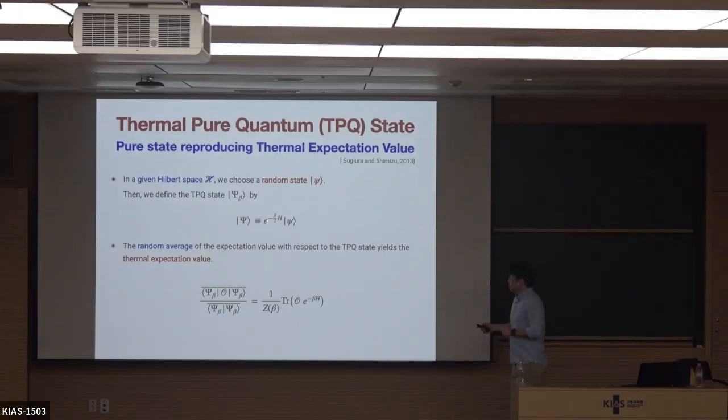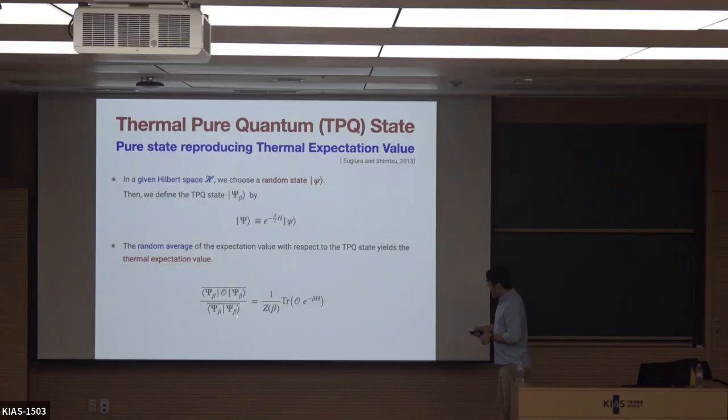And then you act with the Boltzmann factor, and they define what they call the thermal pure quantum state. From this perspective, this is very close to the Maldacena-Qi pure state. It's almost the same, but the only difference is that Maldacena-Qi uses a very simple state, like 0001 or any simple choice, while this is a random state.